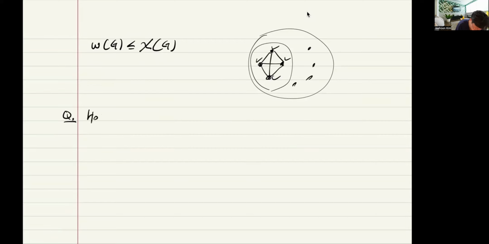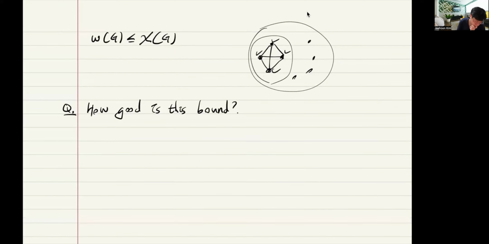The natural question is, how good is this bound? I mean, this is a lower bound. In an ideal situation, if we could upper bound it by some function of the clique number, it would be very good.